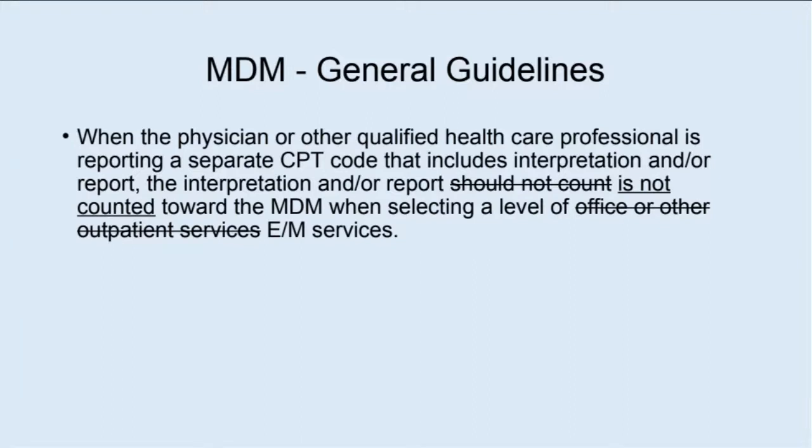Now they changed "should not count" to "is not counted." It's a little more definitive, I guess. Note also that the wording's been changed from level of office or other outpatient services to level of E&M services. This is because the separate guidelines for outpatient services and other services have been combined into one set of guidelines. The differences between outpatient and other services have been eliminated.